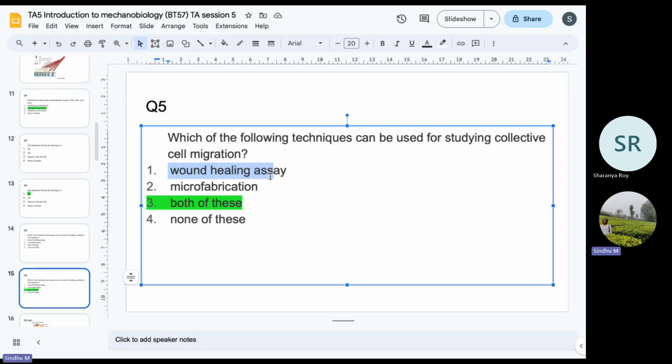Only the side which does not have the PDMS, the cells will attach. On the side with PDMS, the cells won't attach. Then when you remove the PDMS, the cells will go to the gap where the cells are not attached. So microfabrication is based on these PDMS stencils. It is like a sticker, and when you remove it, the cells will sense a free gap and they will go there.